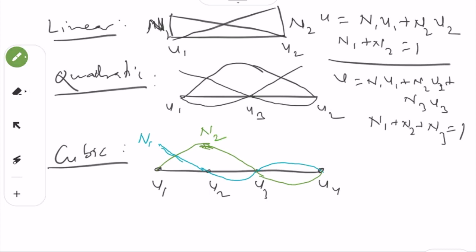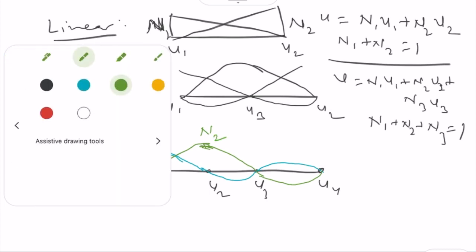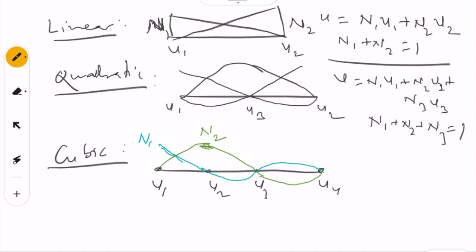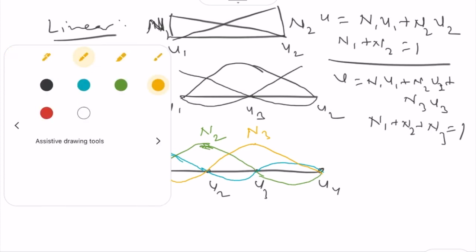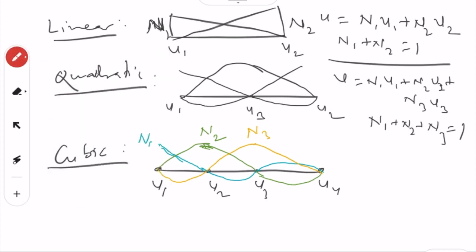So, this is n2. Okay. Now, n3 will be again 1 here and 0 at other places. So, it will go like this, and like this. Okay. So, this is n3. n4 will be 1 here and 0 at other places.